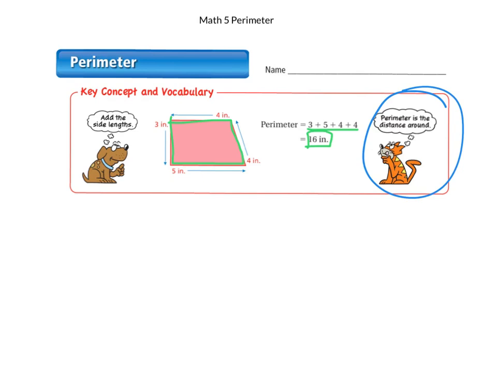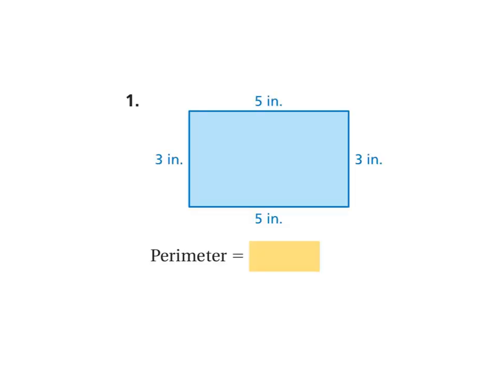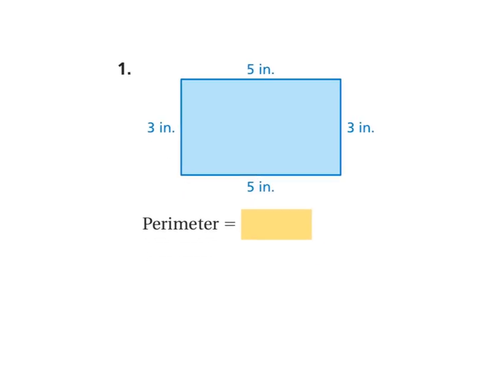So let's try one of these. So let's look at this shape. So we're going to take the numbers around them and make sure you keep track of where you started.